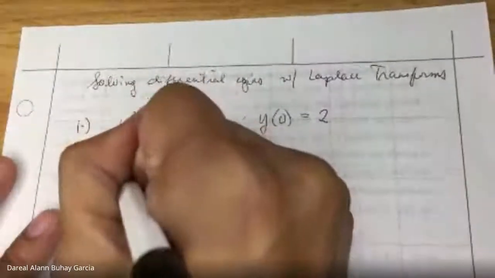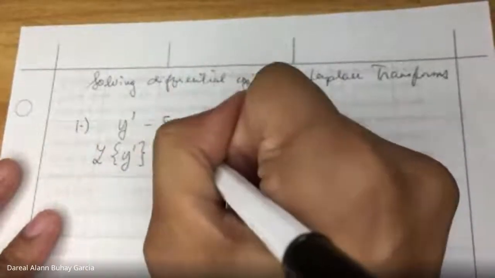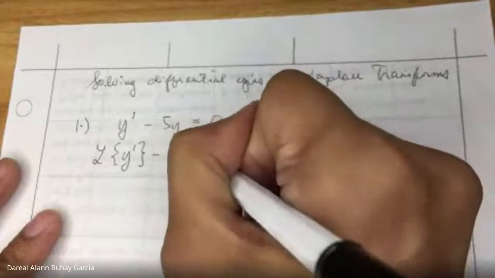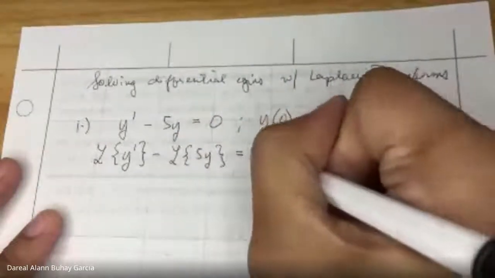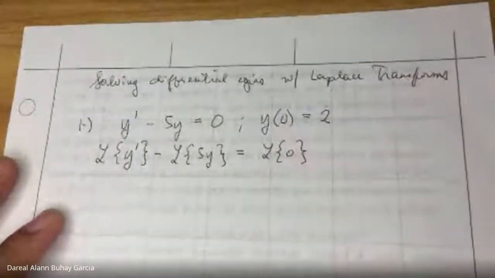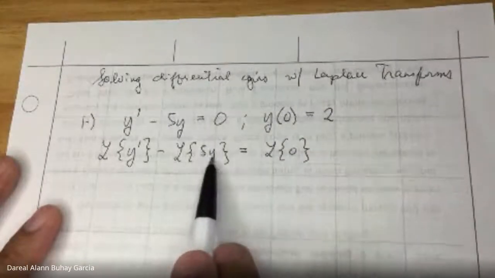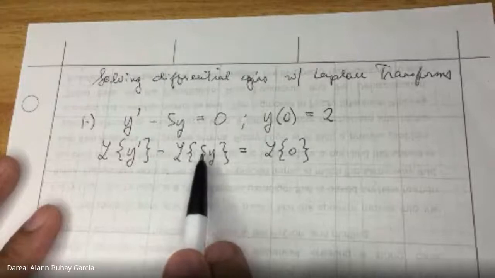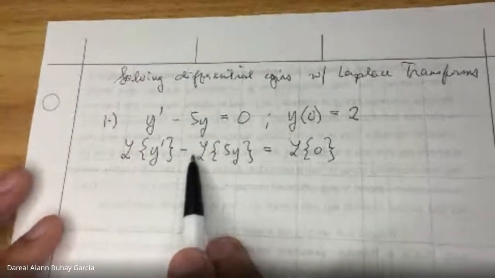So, the Laplace of y prime minus the Laplace of 5y is equal to the Laplace of 0. Of course, the Laplace of 0 is 0. Kani, constant times a function. We've learned before nga, pwede rin ipagawas ang constant. First property of Laplace transform.